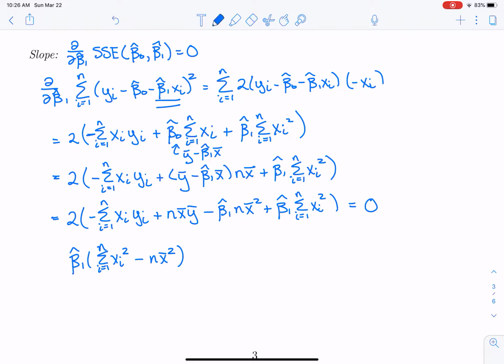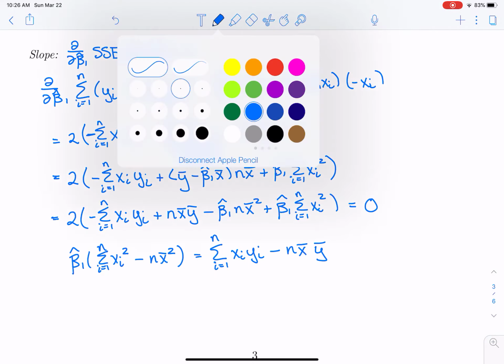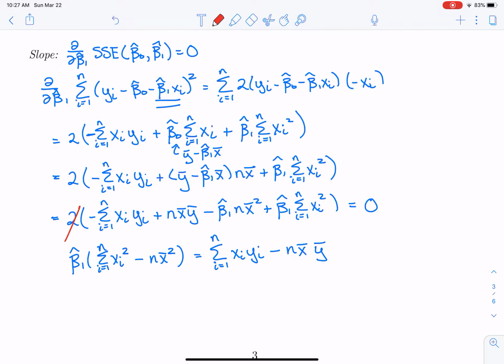And then I'm going to take these terms and move them over to the right. So that's going to be the sum from i equals 1 to n of x sub i y sub i, minus n x bar y bar. And of course, I can just divide out the 2.